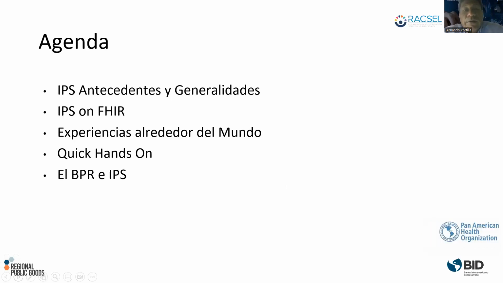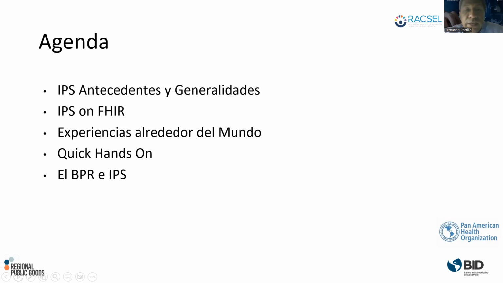So where does this all come from? And how is FHIR using it? What are some of the experiences? We're not really going to be doing hands-on. We're only going to be looking at a couple of tools to try and understand it as an HL7 message, so that we can have a general view.